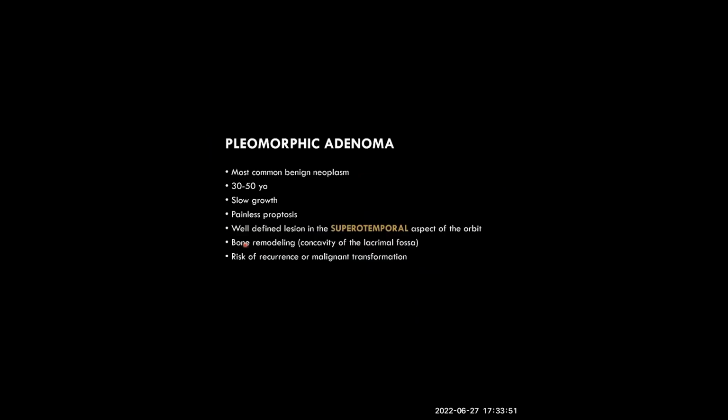But let's start with pleomorphic adenoma. Pleomorphic adenoma is the most common benign neoplasm of the glands, like parotid pleomorphic adenoma. Patients are 30 to 50 years old, with slow growth, painless proptosis, and a well-defined lesion in the superotemporal aspect of the orbit, with bone remodeling as with any benign structure. It doesn't invade, it expands and compresses. There is a risk of recurrence or malignant transformation, but very low.